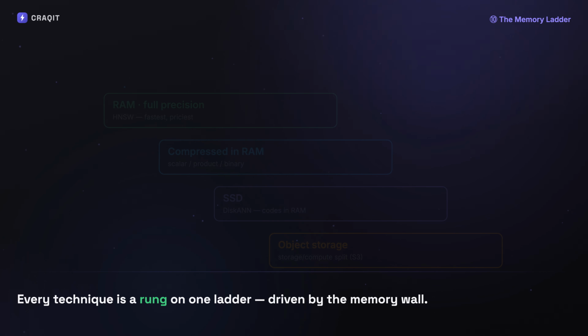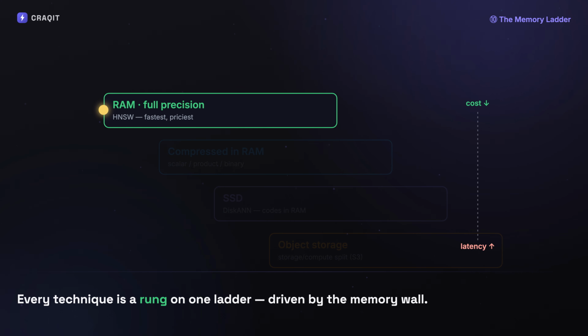Step back, because now the whole field snaps into a single picture. And this is the frame that makes you sound like you've operated these systems. Every technique we've covered is one rung on a memory ladder, and the ladder exists because of one pressure. The fast index wants to be in RAM, and RAM is the expensive corner of the triangle.